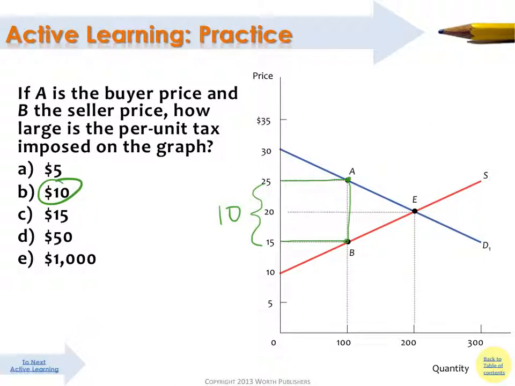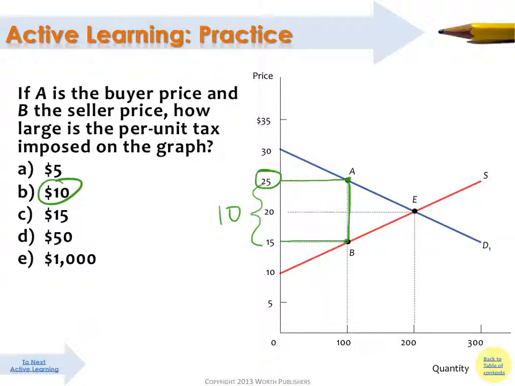Now, it's a question some of you may have, well, how come there's that difference between the buyer price and the seller price? That's the amount going to the government in revenue. Right, so if the buyer is the one being charged the tax by the government, they have to remit the tax, they pay $15, the price that the sellers are willing to accept, and then they send $10 along to the government, so they pay the grand total of $25.